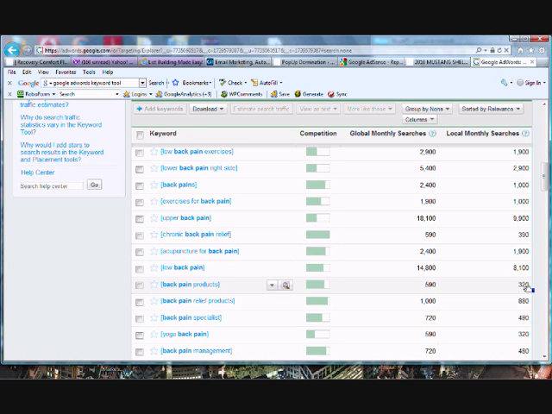So that's good. Therefore, if we go for these smaller search volume long tail keywords, the chances of us making some sales are much higher than if we go for something like low back pain. It's got a very nice search volume, but it's not at all geared to what we're going to be selling.